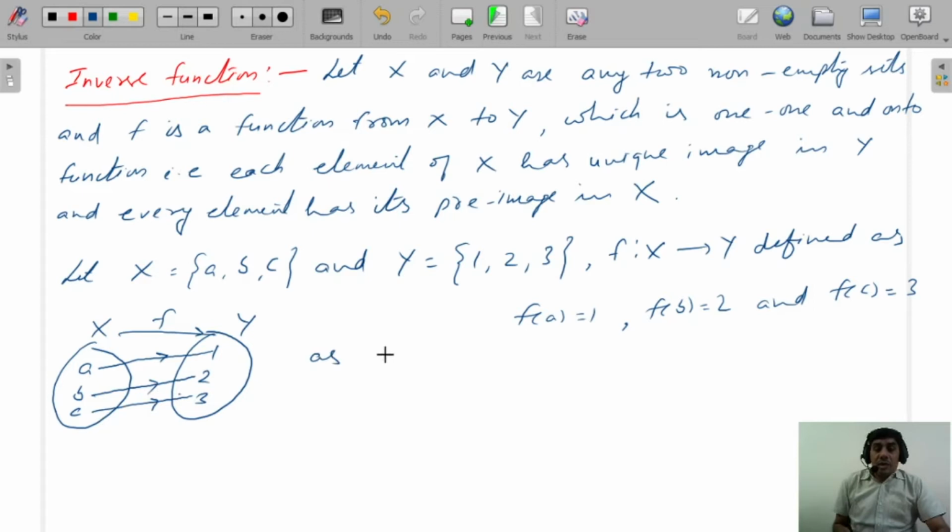As f of A is equal to 1, this implies A is equal to f inverse of 1. Similarly, B is equal to f inverse of 2, C is equal to f inverse of 3.